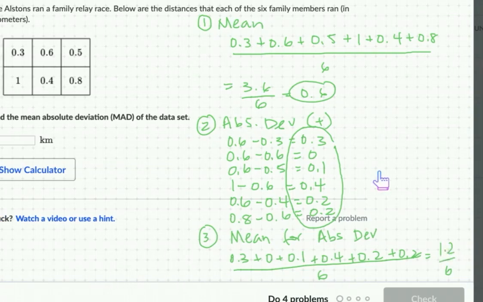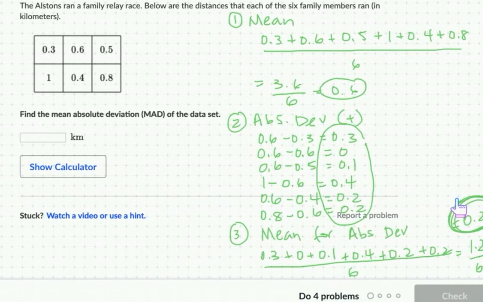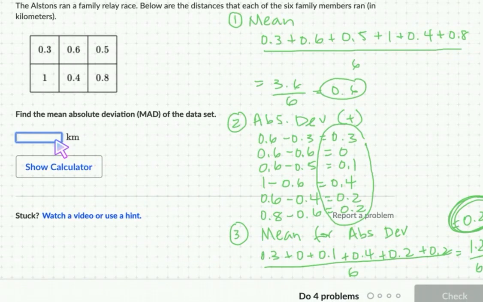Let me see if I can put that up here. This is the mean absolute deviation, 0.2. Our previous answer, the mean absolute deviation, was 2. We had a lot of spread compared to this one here.